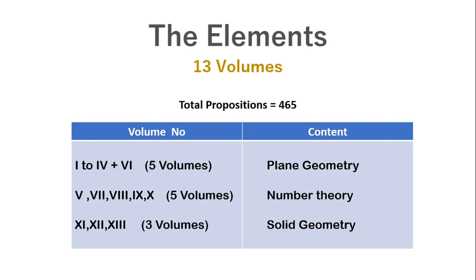I think this slide will help you understand that not only geometry, he has also written a lot about number theory in 5 volumes, and then solid geometry also. The main 3 subjects of the book Elements are plane geometry, 5 volumes, number theory, 5 volumes, and solid geometry also.